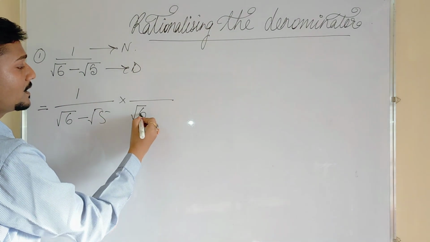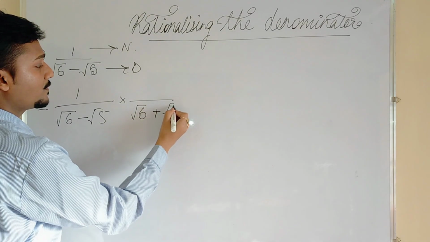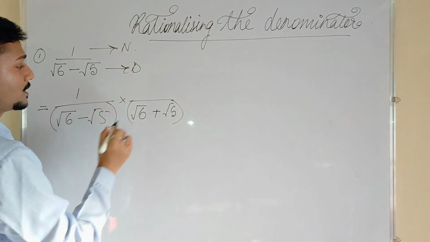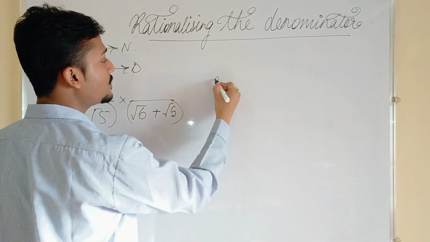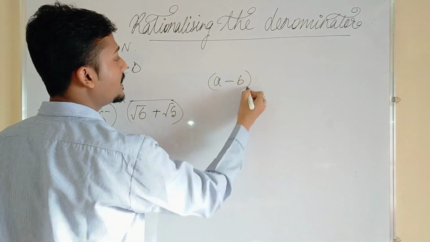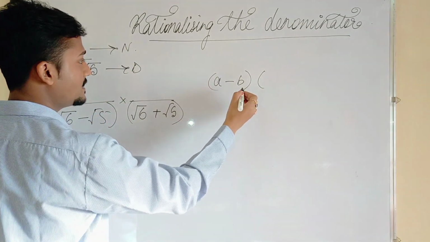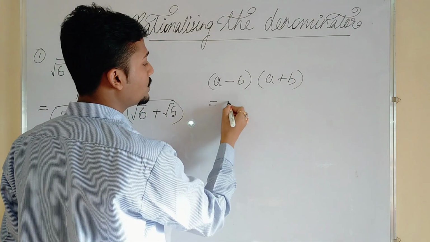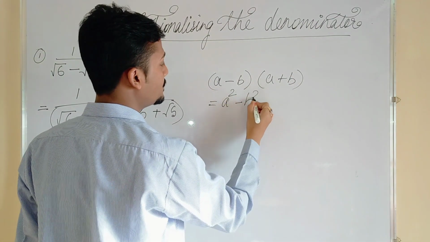We will multiply by root 6 plus root 5. Why? Because we will try to convert this into the form a square minus b square. a minus b into a plus b is equal to a square minus b square.